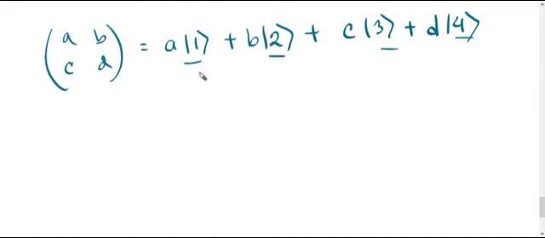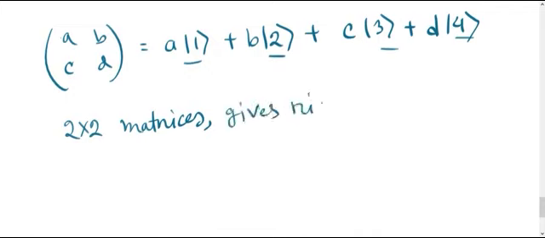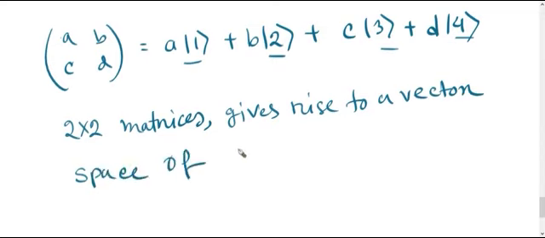So from here we can say that these 2 by 2 matrices give rise to a vector space of dimension 4, because there are 4 linearly independent vectors. That's why we get a 4-dimensional vector space.